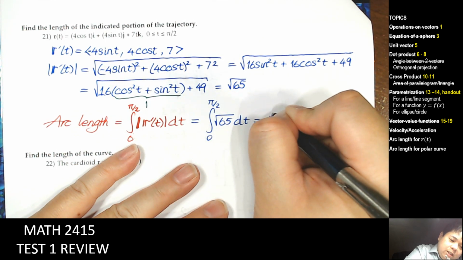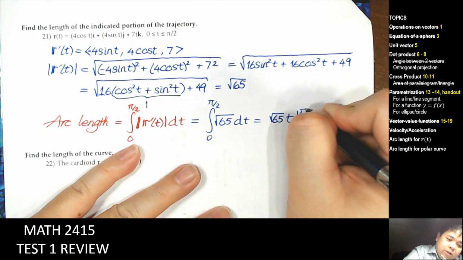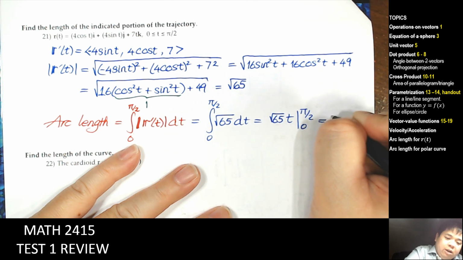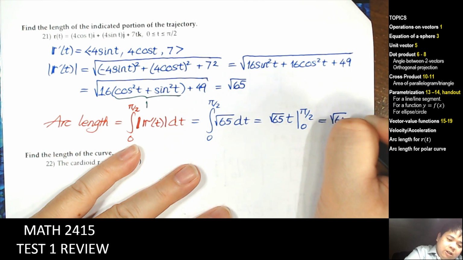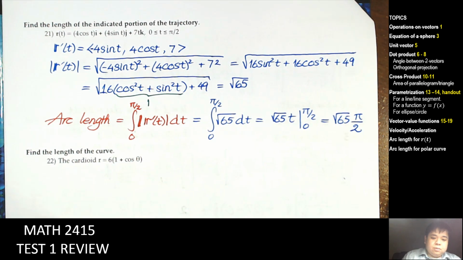So square root of 65 t from 0 to pi over 2. Put in pi over 2, we have square root of 65 times pi over 2. Right, so that is the arc length for a vector valued function.